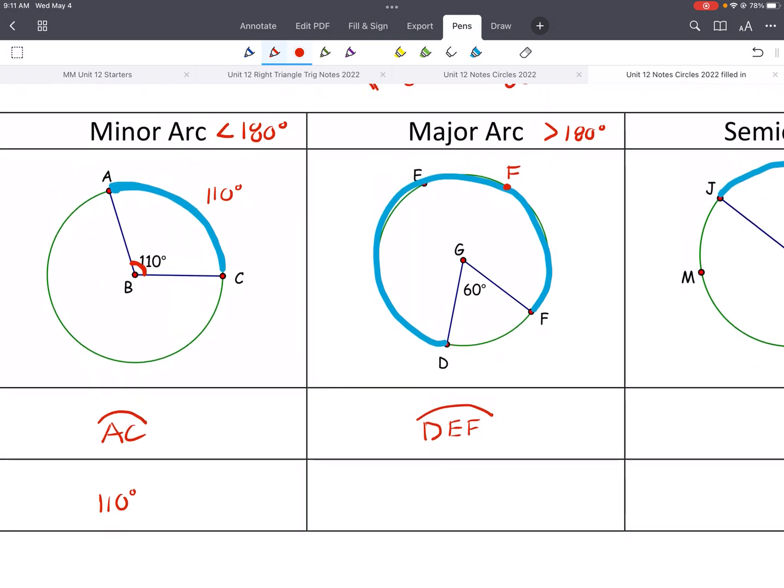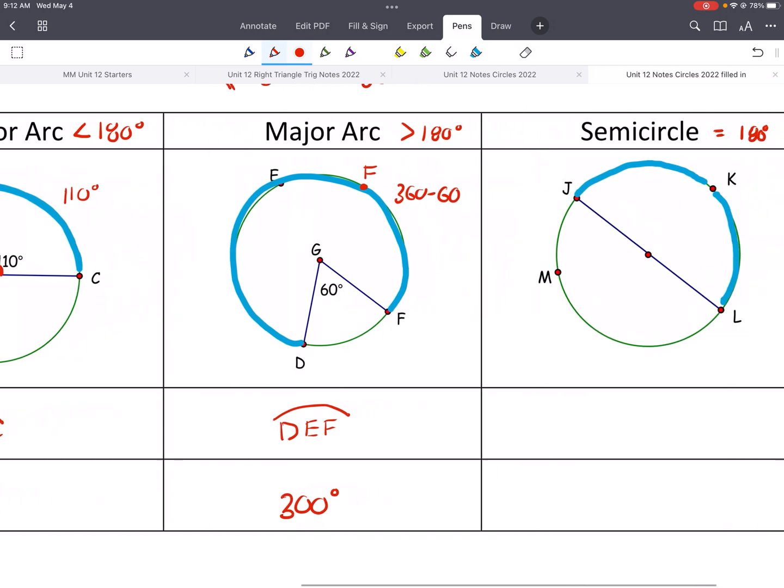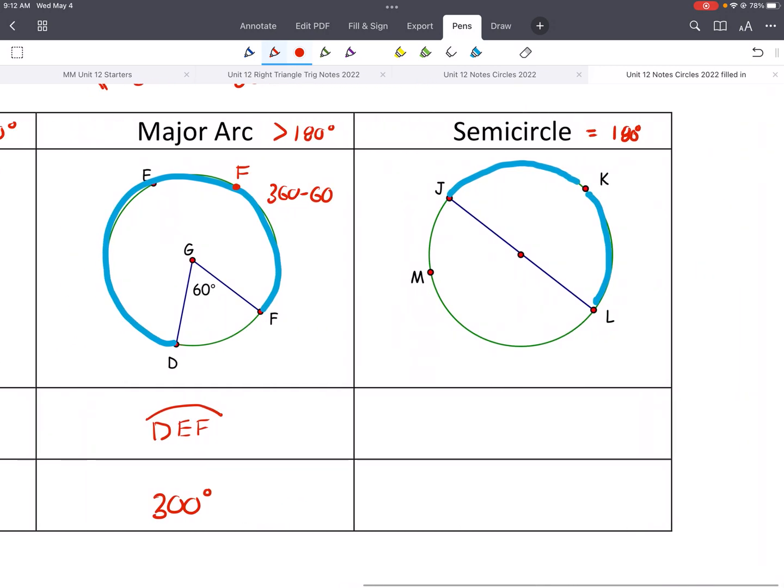Well, it would have to be 360 minus 60, so we'd get 300 degrees. Okay? All right, and then semicircles, you've probably heard about semicircles before, and we know that the arc is 180 degrees. And we'll use that a lot.